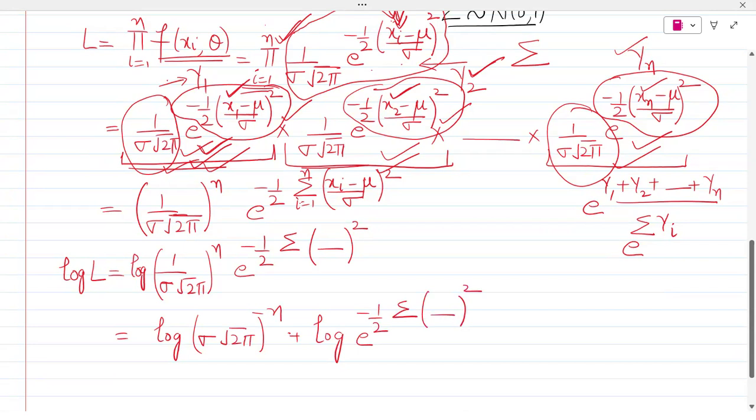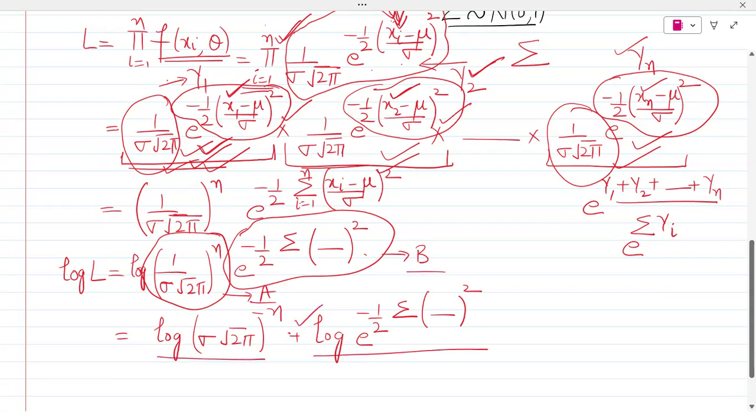Say this term is capital A, and this term is capital B. So what is log of A into B? It is log of A plus log of B. Here I'm not writing it over and again because this term xi minus mu by sigma will be here. But in exam, please do not do this. In exam, please write properly.